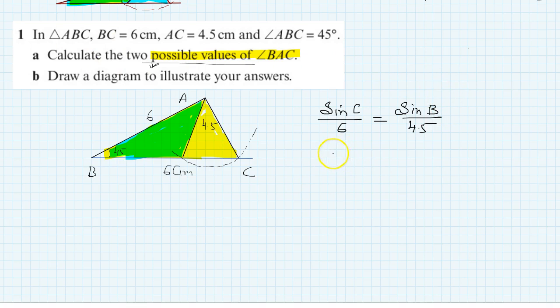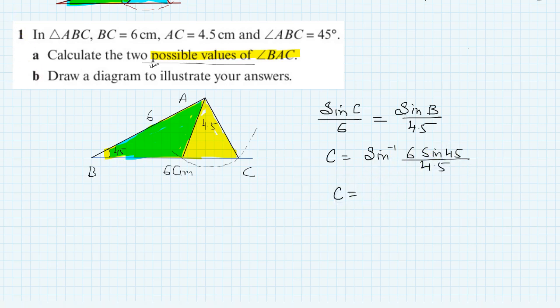So C will be sine inverse of 6 sine 45 over 4.5. So C is 70.53.